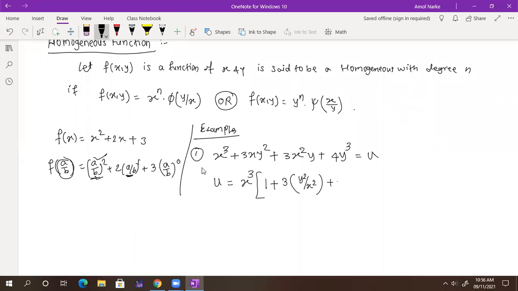Again 3 into y divided by x. Very good. Plus 4 into y cube by x cube. So you can see here everywhere the numerator and denominator have the same degree. It is nothing but you can write u is x cube into some function phi of y divided by x. So it is homogeneous.